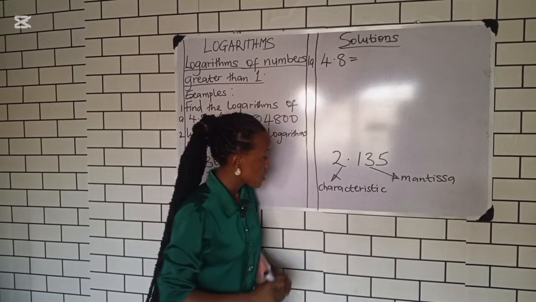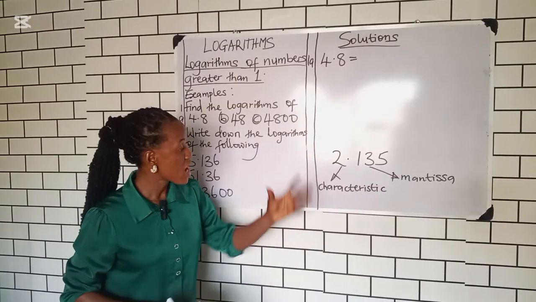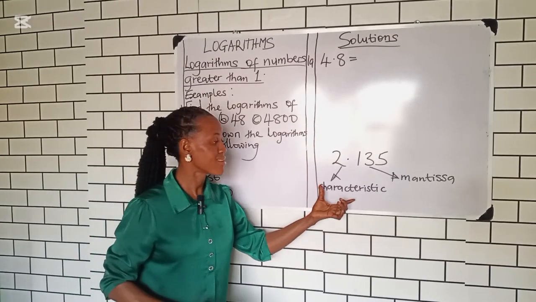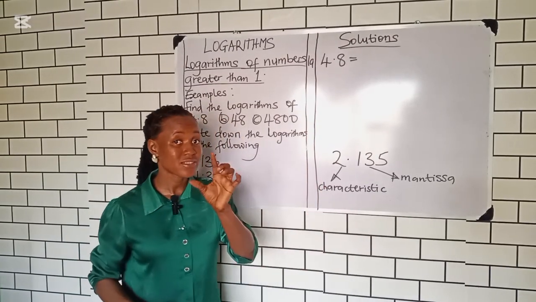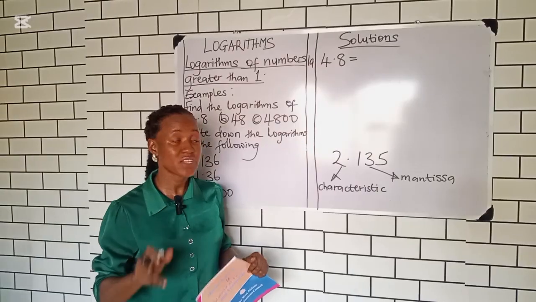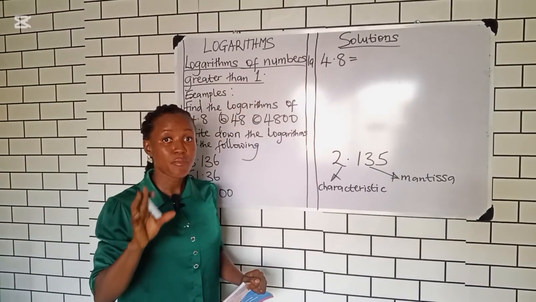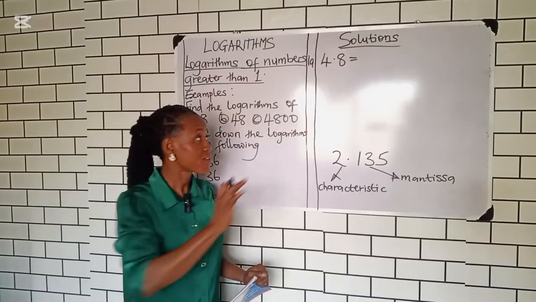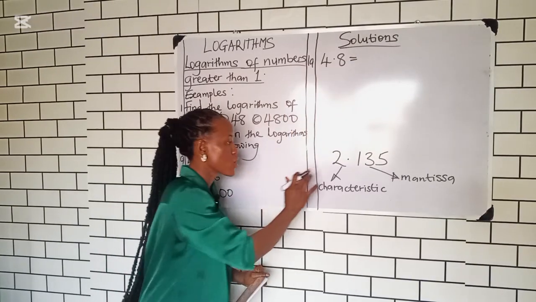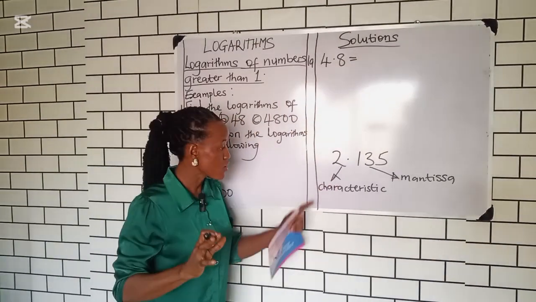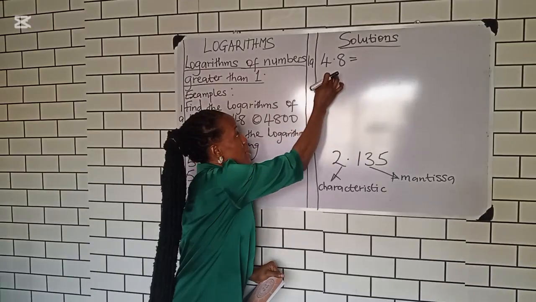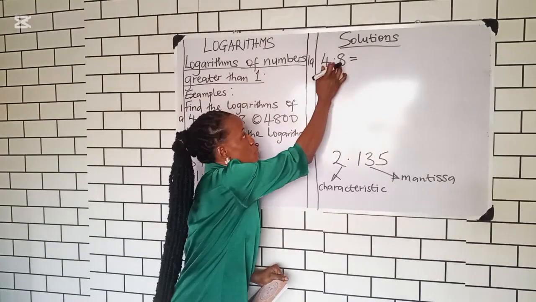Now, before we can go further, we have to first of all find the characteristic part. And finding that characteristic part, you're going to make use of standard form. You will first of all write this number in standard form. The power of your 10, after writing this number in standard form, is your characteristic. Now, after getting your characteristic, the remaining number, this 4.8, you remove the decimal point.